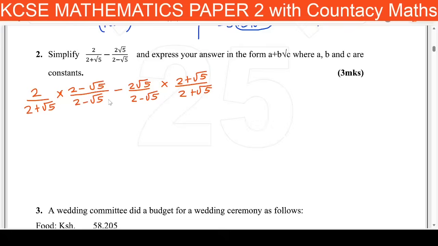So we start with this first case over here. What you'll be doing here is multiplying 2 by every number. Let me write it here for you. So we'll take 2 and multiply it by 2 minus root 5. This is the number that is outside, and this is the number that we have in the brackets.